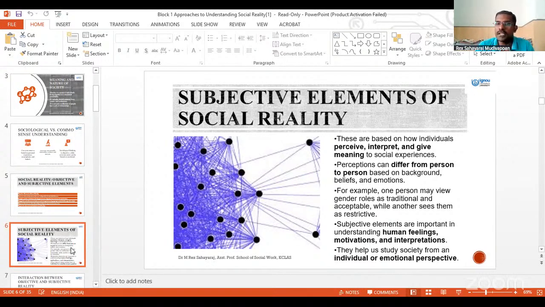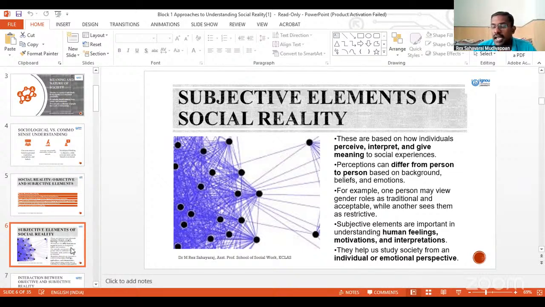Perception can differ from person to person based on background, beliefs, and influence. I have given examples that we interpret and give meaning to social experiences with our limited knowledge. Okay. So subjective elements are important in understanding human feelings, motivation, and interpretation.